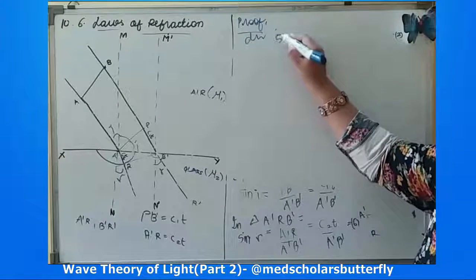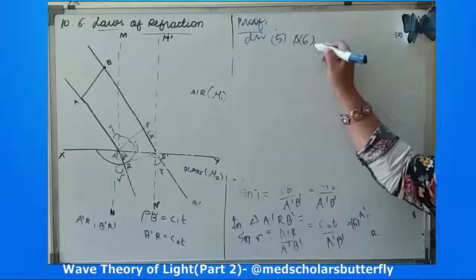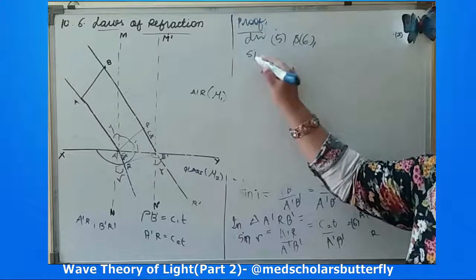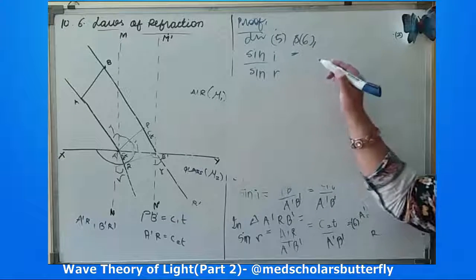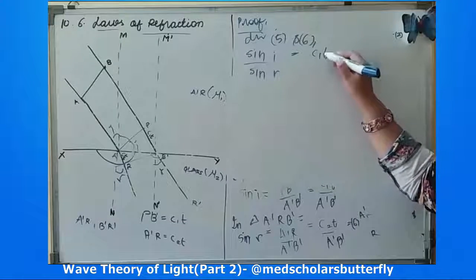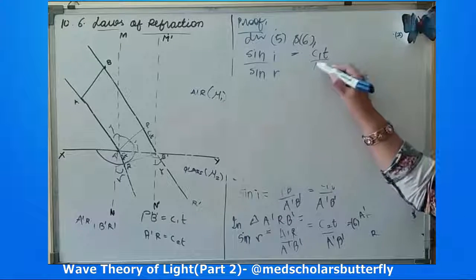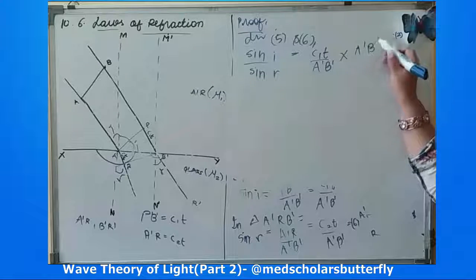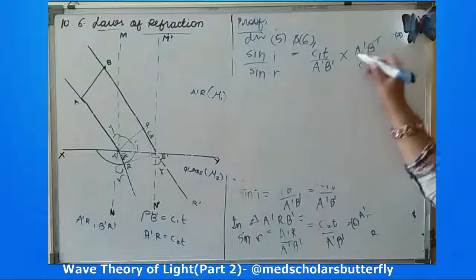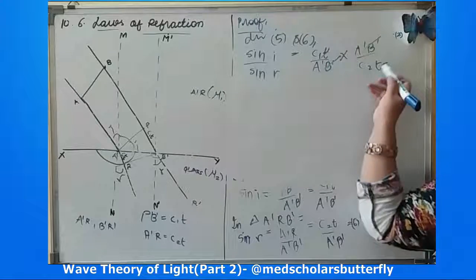What will we do now? We will divide 5 by 6. We get sin I upon sin R is equal to C1T upon A dash B dash into A dash B dash upon C2T. A dash B dash gets cancelled and T and T also get cancelled.